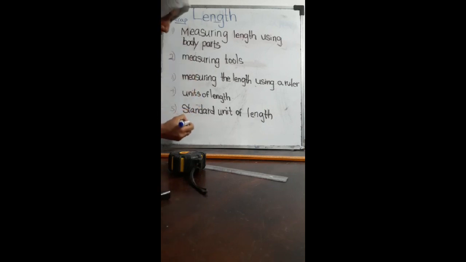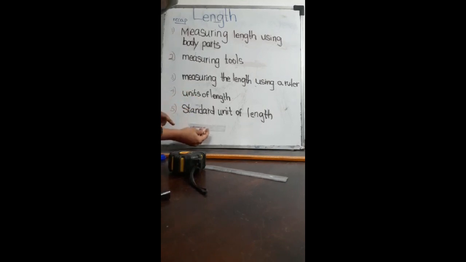So I'm going to draw a small line and place the ruler and measure. How do we measure the length of this line using the ruler? You have to place the 0 point of the centimeter side. There are 2 sides, you can see. One side is inches, and the other denotes centimeters.